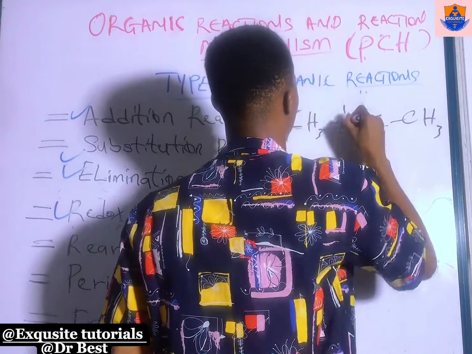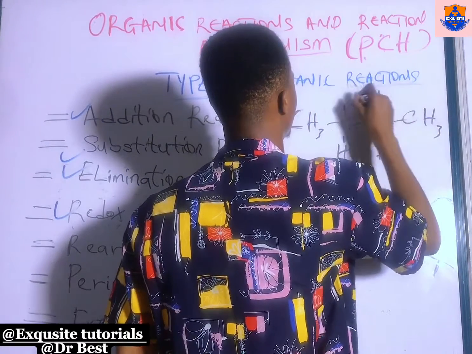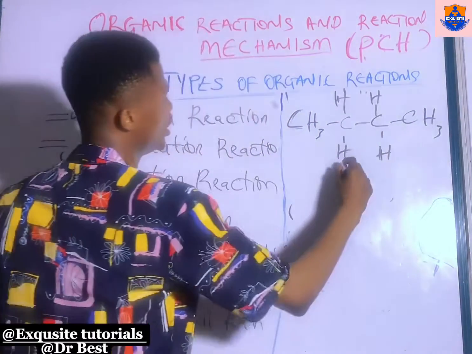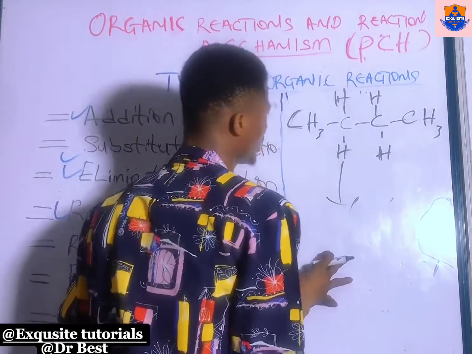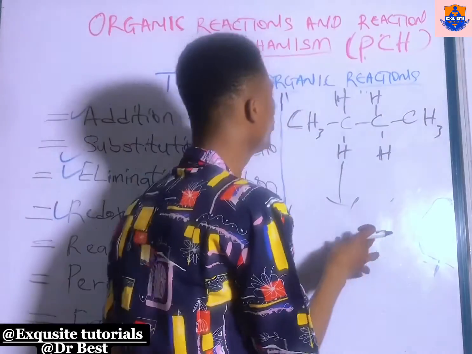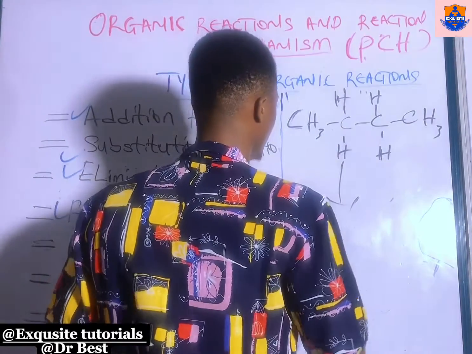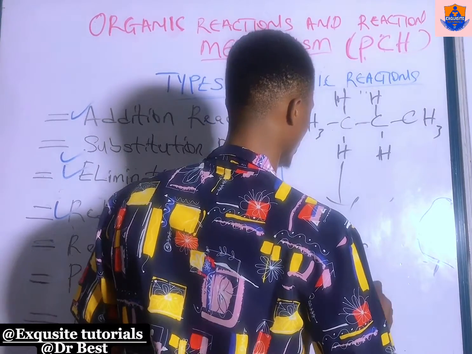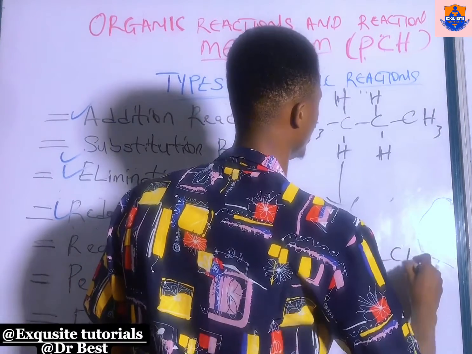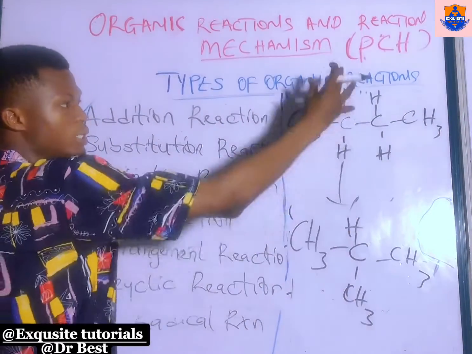CH3. You're going to have H here, H here, H here, H here. Now, by the time I rearrange this compound, right, I'm going to move some atom from a particular center to another. So I'm going to have something like this: CH3, C, CH3, CH3, H. The same molecule, the same compound.